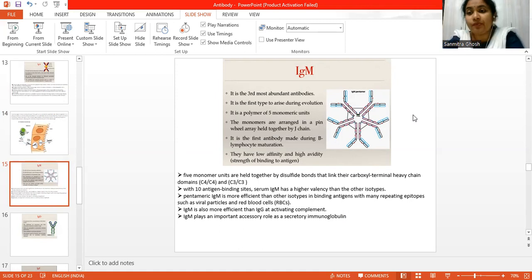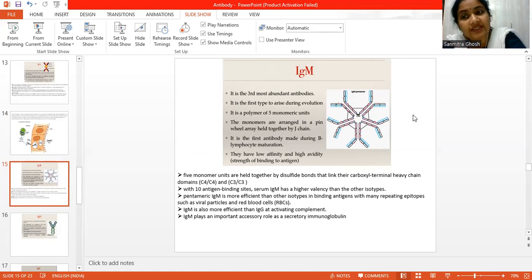The most vital point about IgM is that they are the first type of antibody that have arisen due to evolution. That is why when a B cell is formed, with its outer surface studded with the B cell receptor, which are actually membrane-bound immunoglobulins, those membrane-bound immunoglobulins are actually IgM in nature.